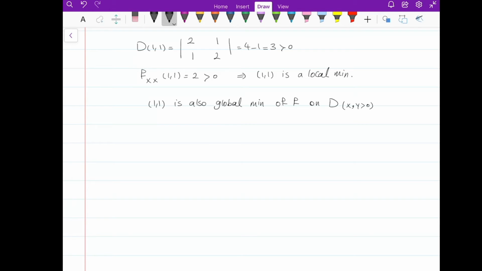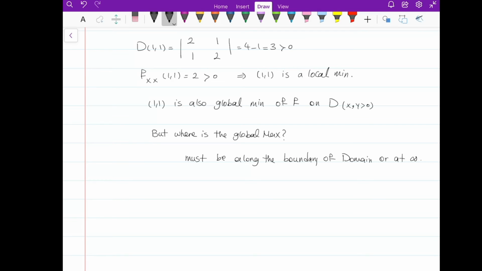But where is the global max? It must be along the boundary of the domain, or at infinity.